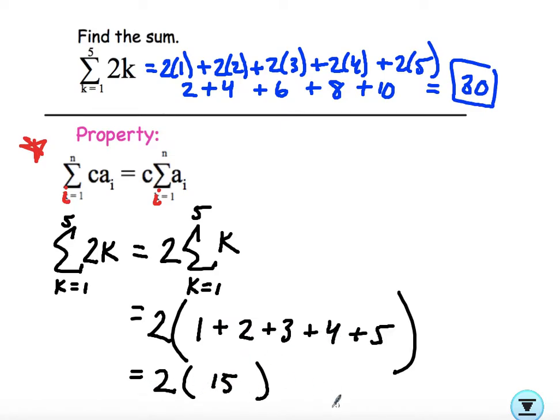And then multiplying by 2, I'll get 30, which is the same answer that we got up here. So using this property basically pulls out all of these common 2's. It's like it factors out the 2's, and then it leaves you with easier stuff to add up. So that's just an option that you can use to help make things go faster for yourself.